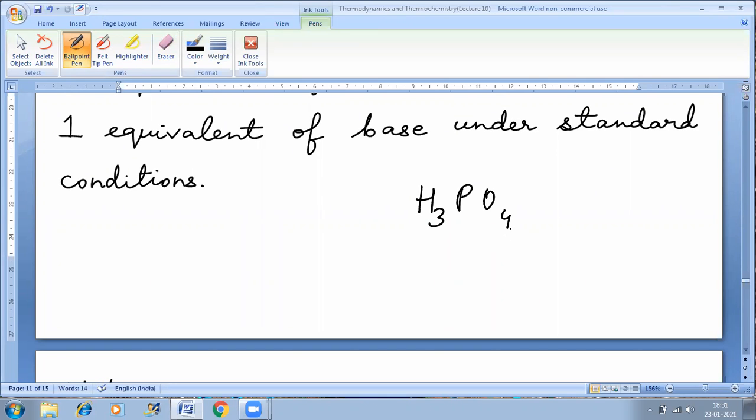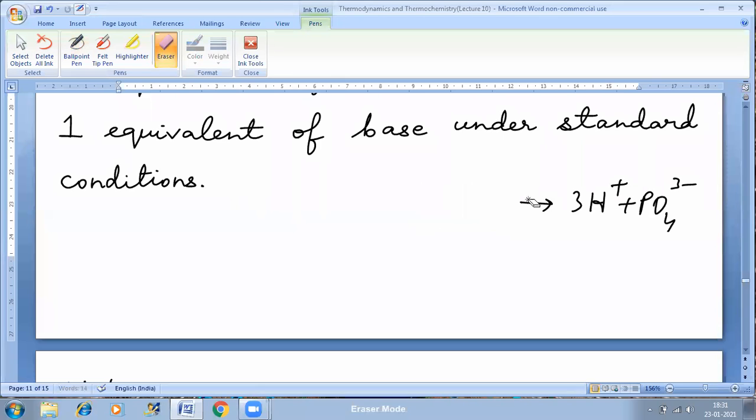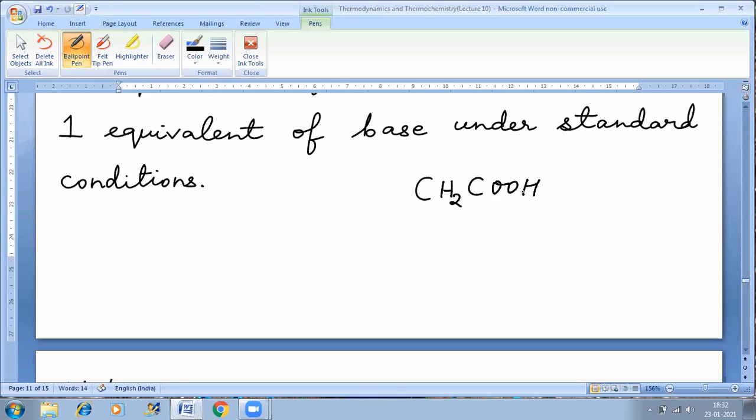What is the n factor of H3PO4? 3. 3 आ सकते हैं H प्लस, क्योंकि अगर मैं इसको डिसोसिएट करूं तो ऐसा हो जाएगा, दिस इज अ डिसोसिएशन. What is the n factor of this? 2. 2. ओ ये वाला H और ये वाला H, तो 2 हो जाएगा.